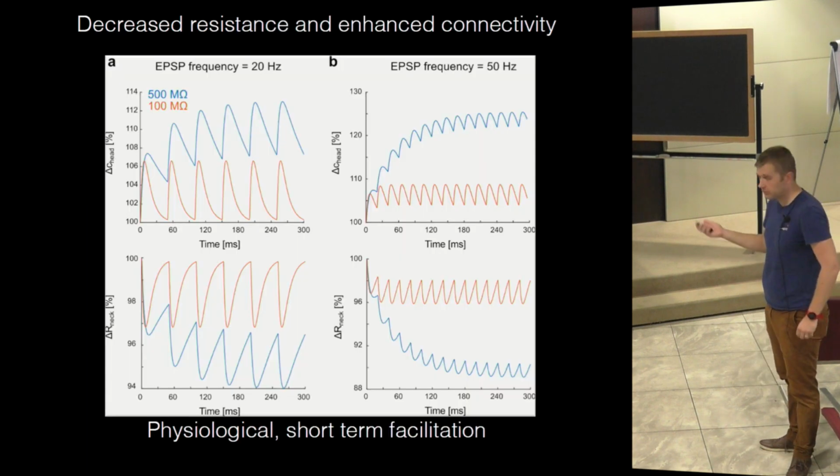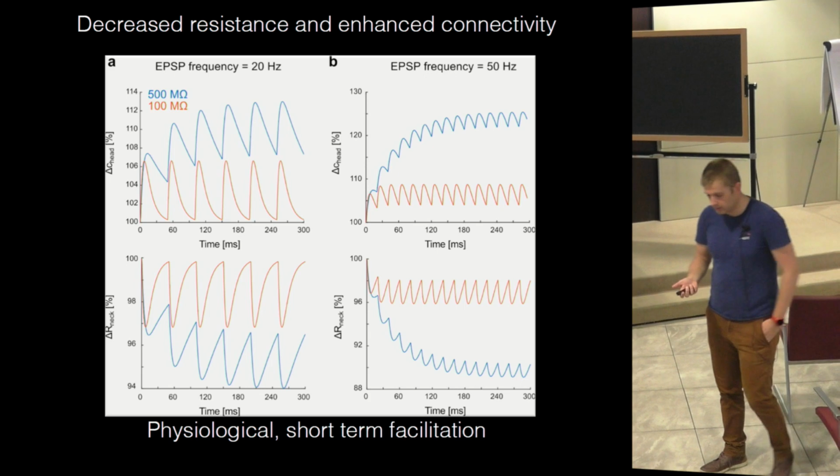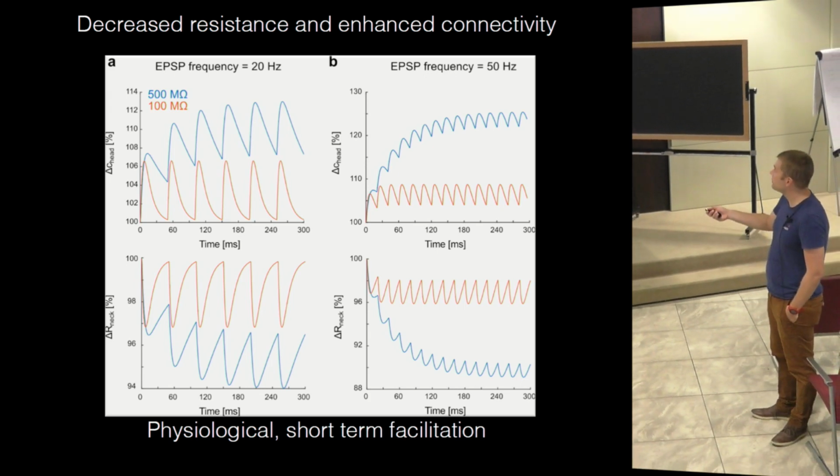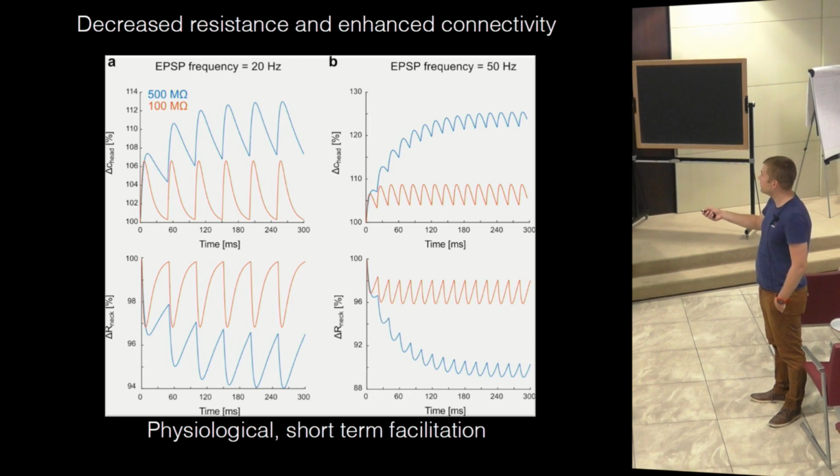So we made some simulations, because experimentally it would be very hard. We took just two different neck resistances, 100 and 500 megaohms, at two different PSP frequencies, 20 or 50 hertz. And we can see that you can build up concentration, especially with high-resistance necks, and so decrease the resistance.